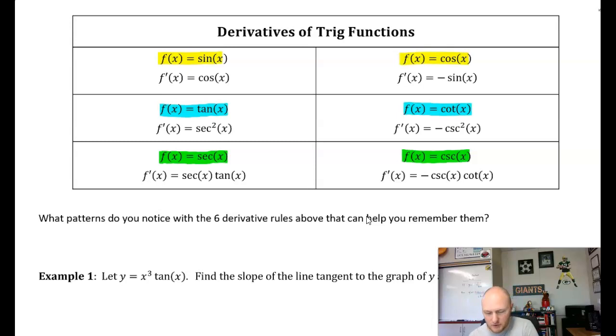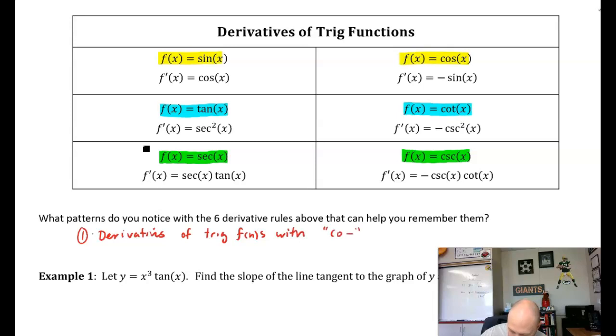The first one that you should have noticed is that the derivatives of functions that begin with a co all have a negative. So pattern number one: derivatives of trig functions with quote-unquote co are negative.